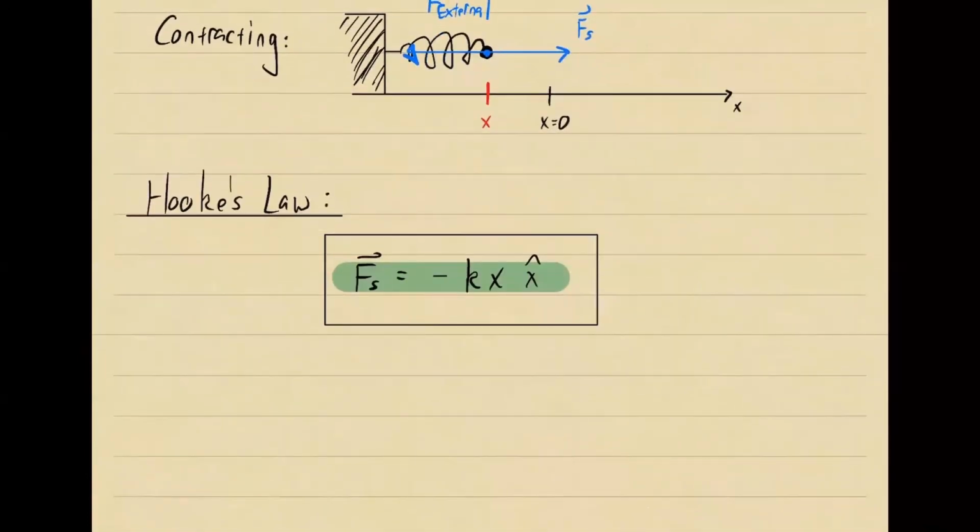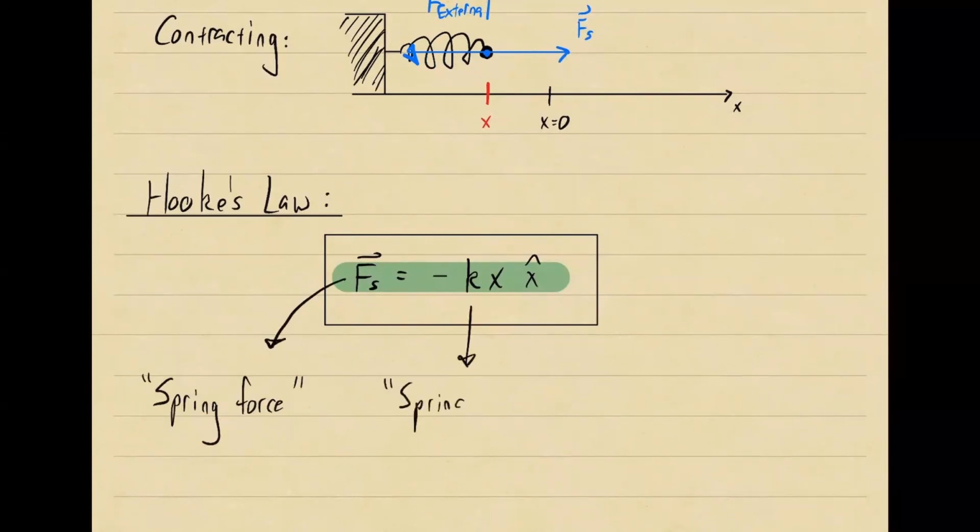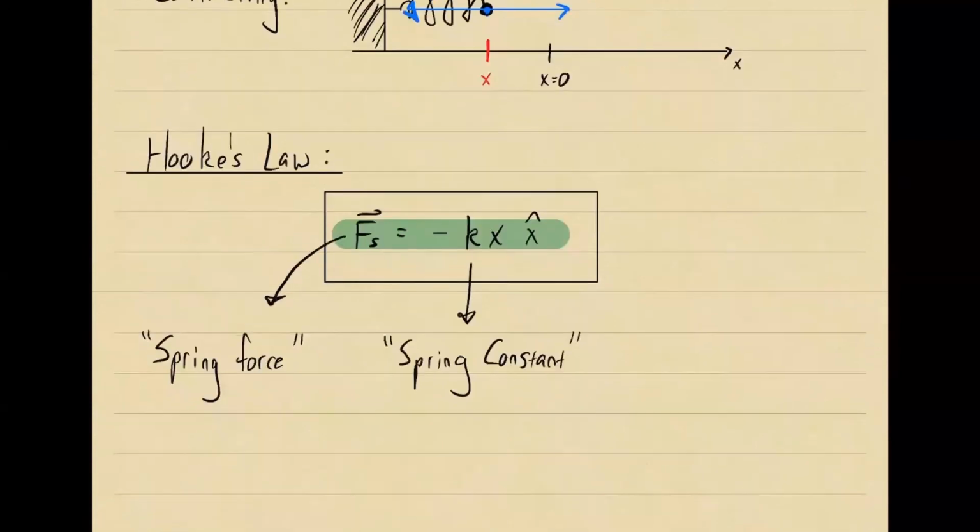Okay, so Fs, this is going to be our spring force. Here, k is called our spring constant, in units of newtons per meter.